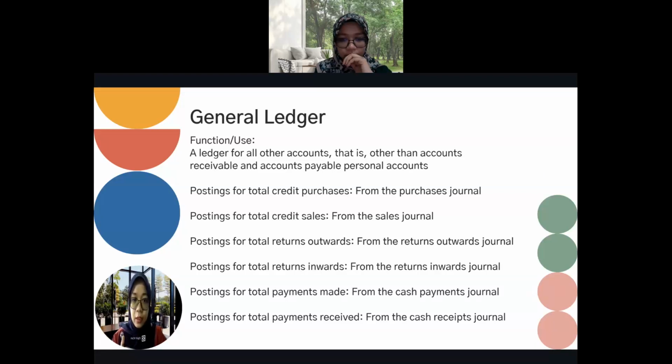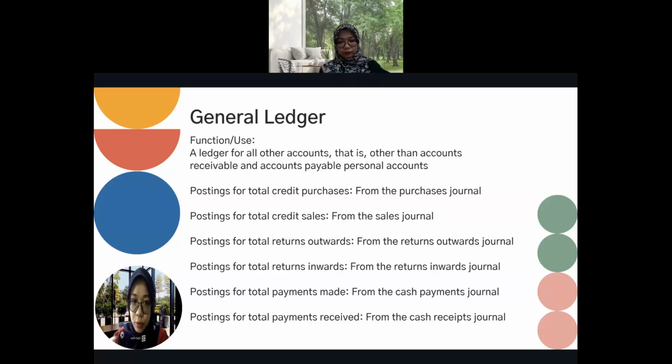For total return inwards, it is debit return inwards and credit account receivable. The debit side is posted in the general ledger, but the credit account receivable side is posted in the account receivable ledger. For total payment made, it is debit account payable and credit cash payment.